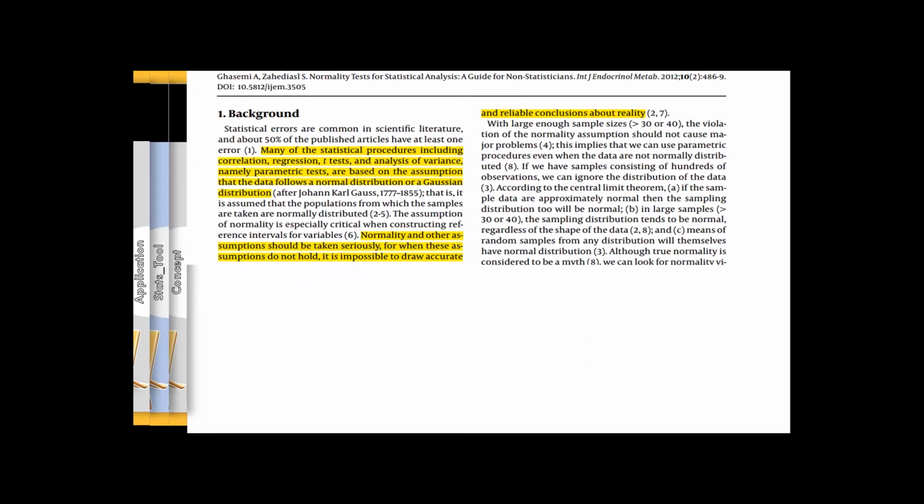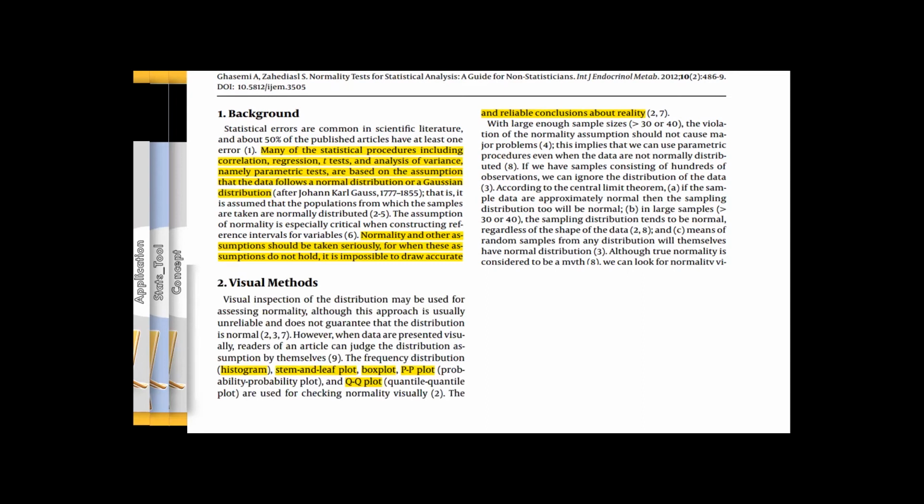But how do we know a continuous data set is normally distributed or follows the normal Gaussian distribution? We have two ways: the visual method and the normality test. By visual method, we mean visual inspection of graphs. Examples of these graphs include histograms, box plots, among others.